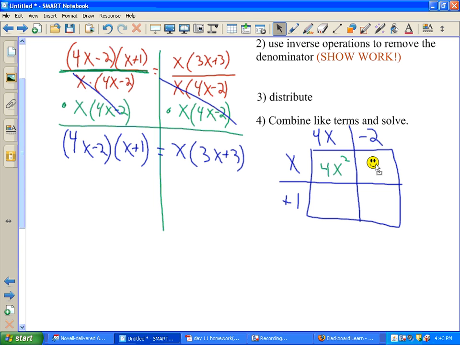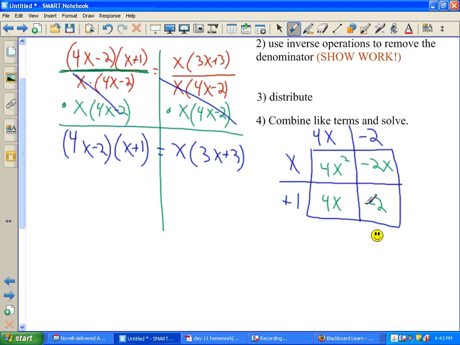Negative 2 times x goes in this location, and that's negative 2x. 1 times 4x goes in this location, and that is 4x. 1 times negative 2 goes in this location, and that is negative 2.